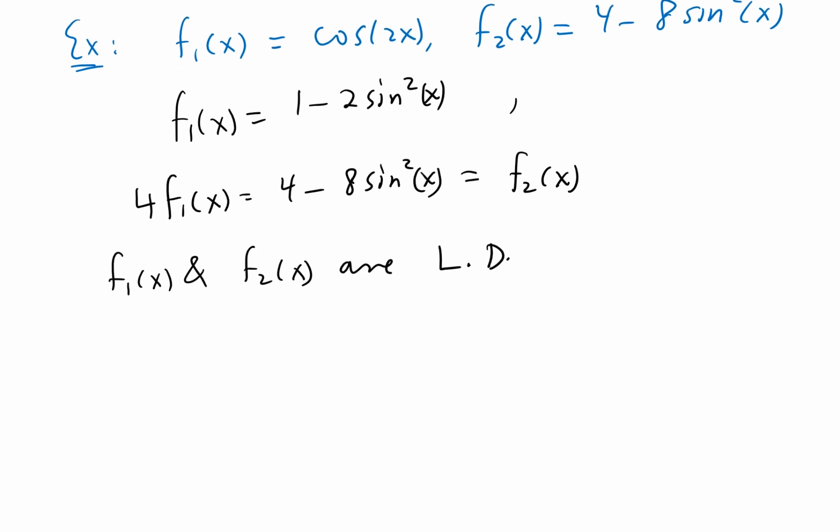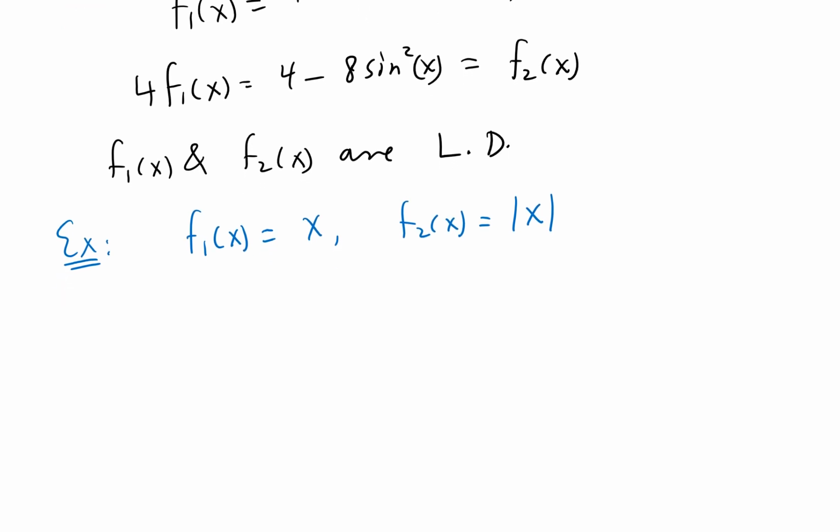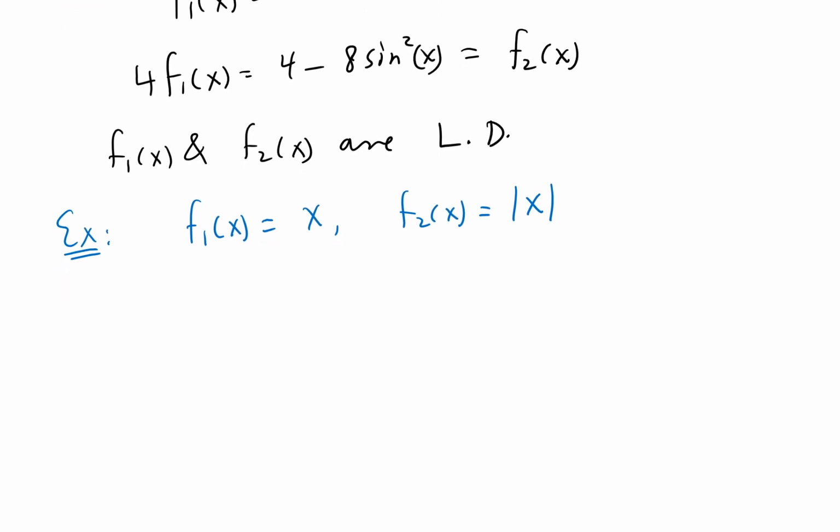Another example: f1 of x is x and f2 of x is the absolute value of x. Now, these two functions are not linearly dependent on the entire domain, negative infinity to infinity.